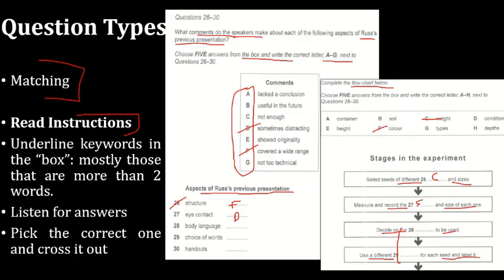If it's E, you write your E over there, you cross it out and you listen. Decide on the dash to be used. Probably soil or container, whatever it is, just pick your answer. If it's soil, put your B over there and let's go. Use a different dash for each seed, probably different container.